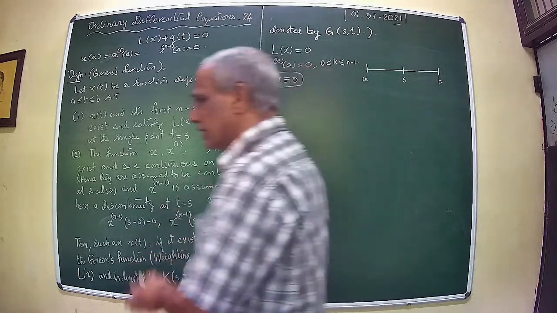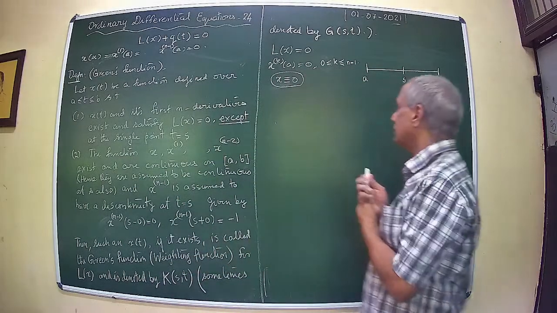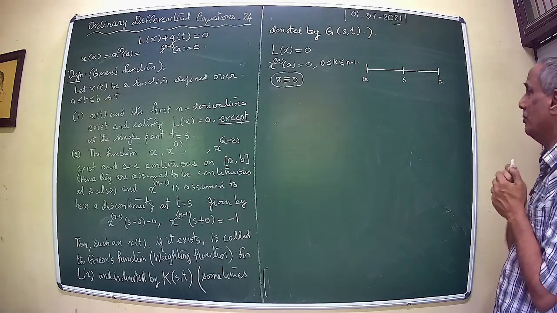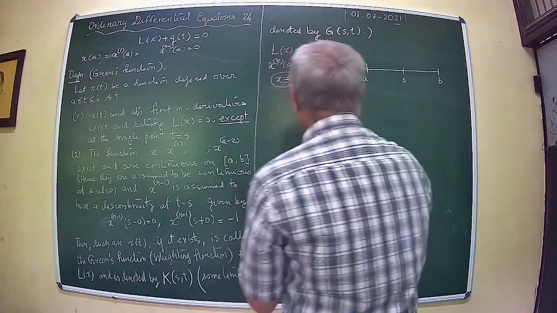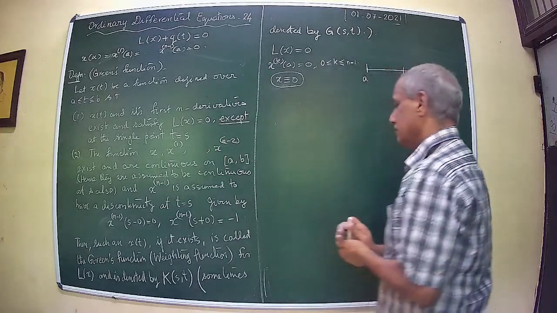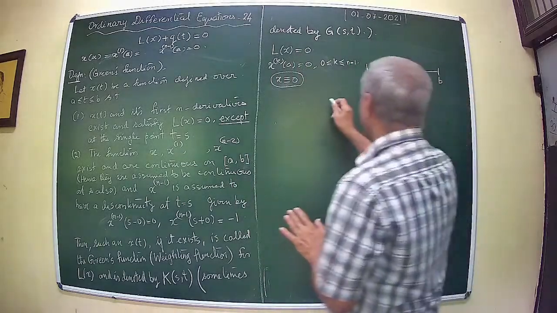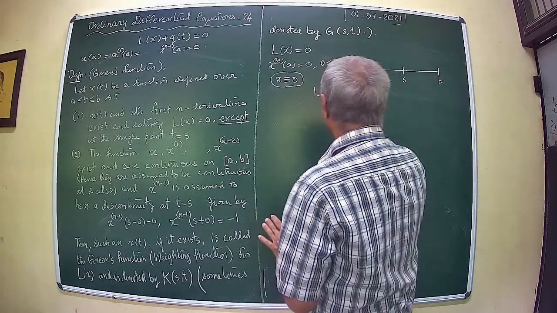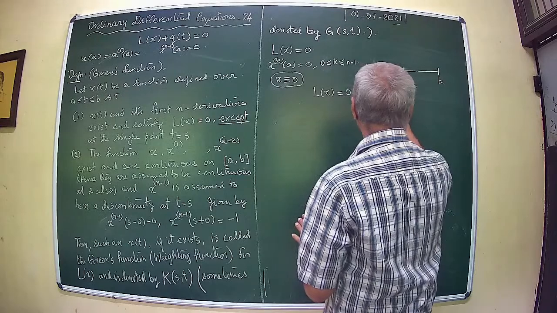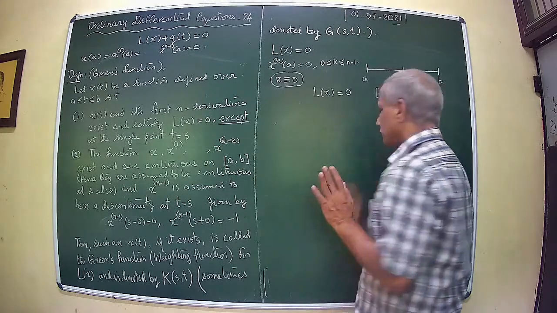But what we are going to do is the following. We take a point s lying between a and b. Now we take x(t), we look at a solution with the following properties. The first thing that you demand is that Lx equal to 0 on this part.